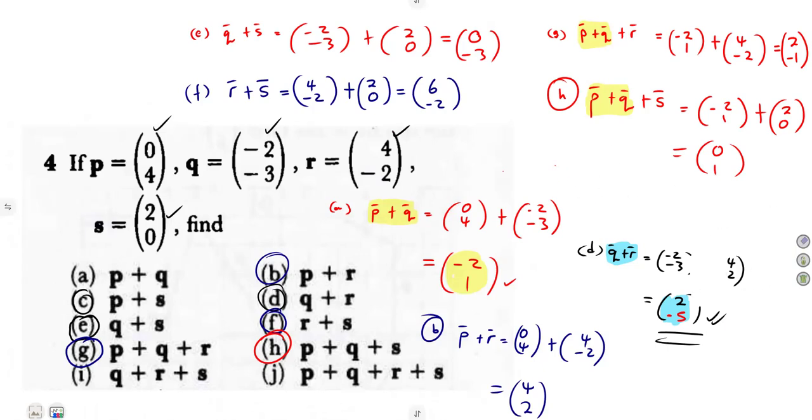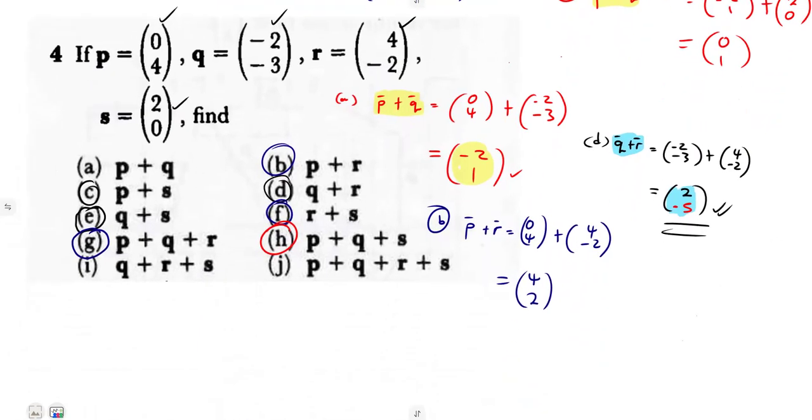Okay, let's consider another part of our question here. Let's just finish up. Q plus R plus S. All right, we have Q plus R here, this one. Q plus R is this, we calculated, remember here. So that's 2 minus 5.